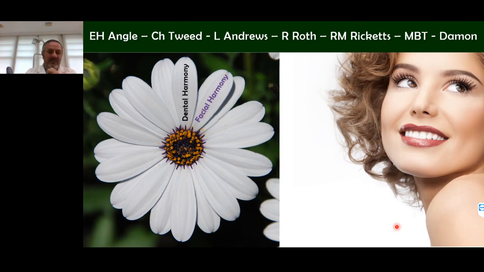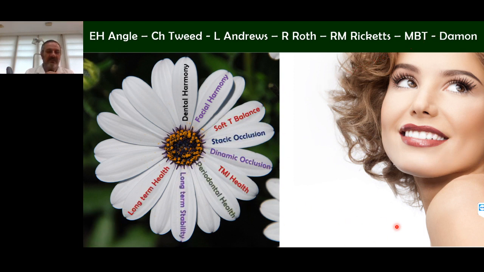Excuse me. For this reason we need dental harmony, facial harmony, soft tissues balance, static occlusion, dynamic occlusion, TMJ, periodontal health, long-term stability, efficiency, the upper airway problems, very important, profitability of our office, patient satisfaction.